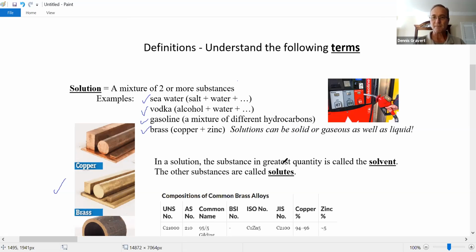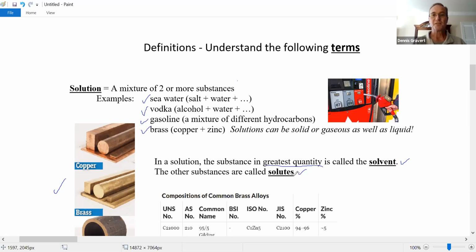We can go one step farther. We can define one component of a solution to be the solvent, the other thing to be the solute. The component of the mixture in greatest quantity is labeled the solvent. So in your aqueous solutions, coffee, tea, sodium hydroxide in the lab, water is the major component, so we call water the solvent.